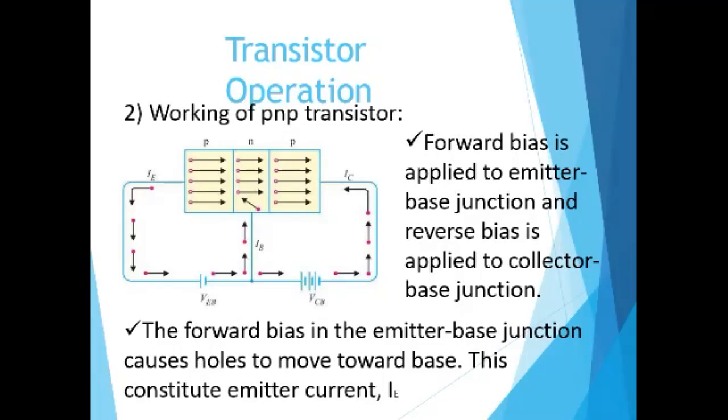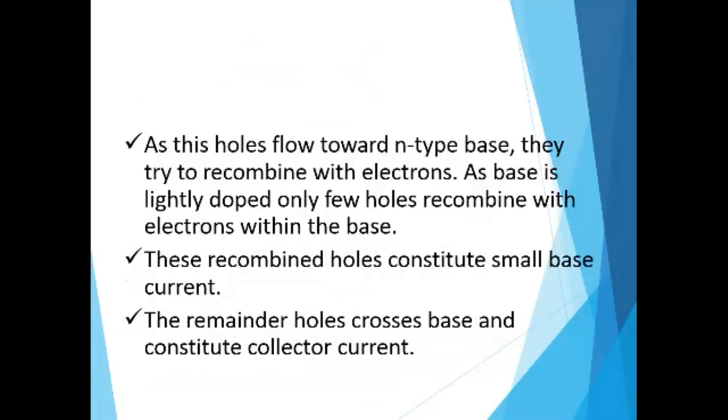So this constitutes the emitter current IE. As these holes flow toward the N-type base, they try to recombine with electrons. As the base is lightly doped, only a few holes recombine with electrons within the base. So these recombined holes constitute a small base current. The remaining holes cross the base and constitute the collector current.